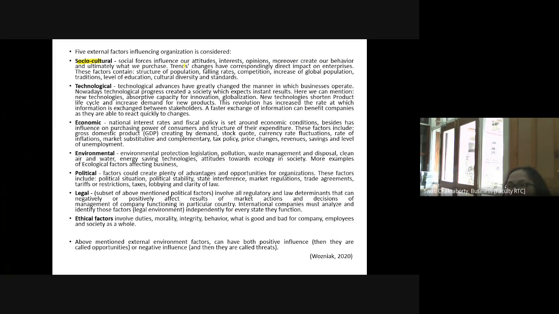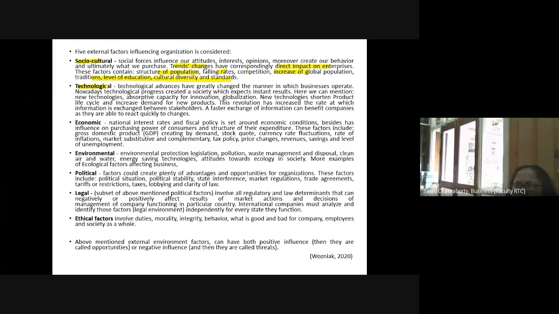Trends change, and changes in trends have a direct impact on the organization. Some of these factors are the structure of population, falling birth rates, increase of global population, traditions, level of education, cultural diversity, and standards.